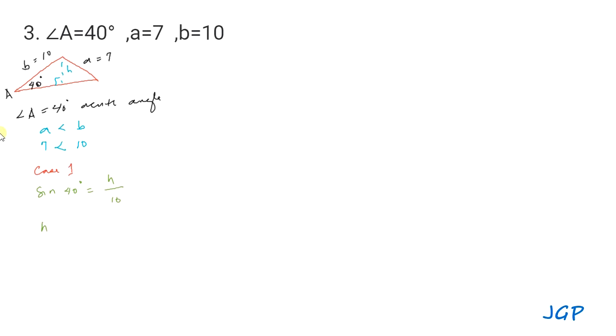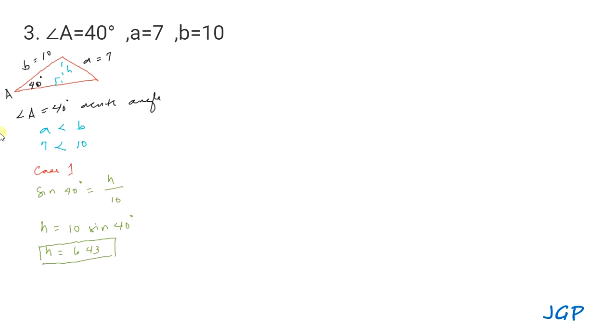And finding the value of H becomes now, magka-cross multiply lang tayo. So, H now is equal to 10 times sine 40 degrees. And using your calculator, you have your H as 6.43. So, you have now the value of your H.